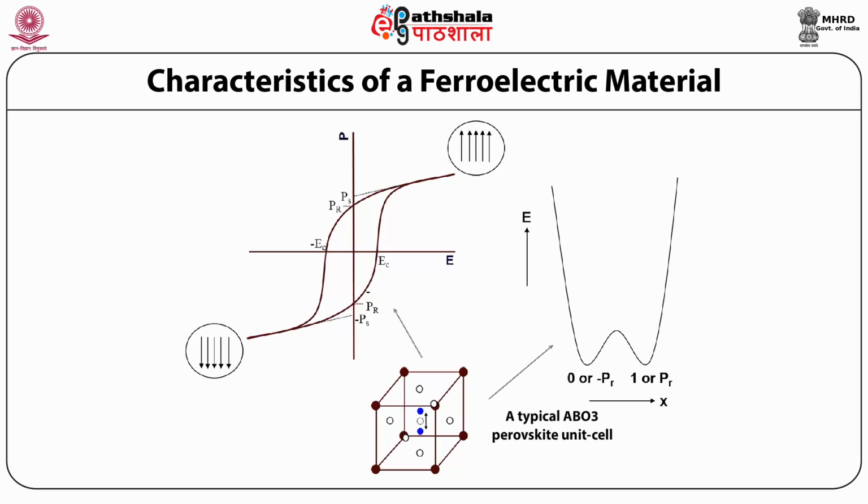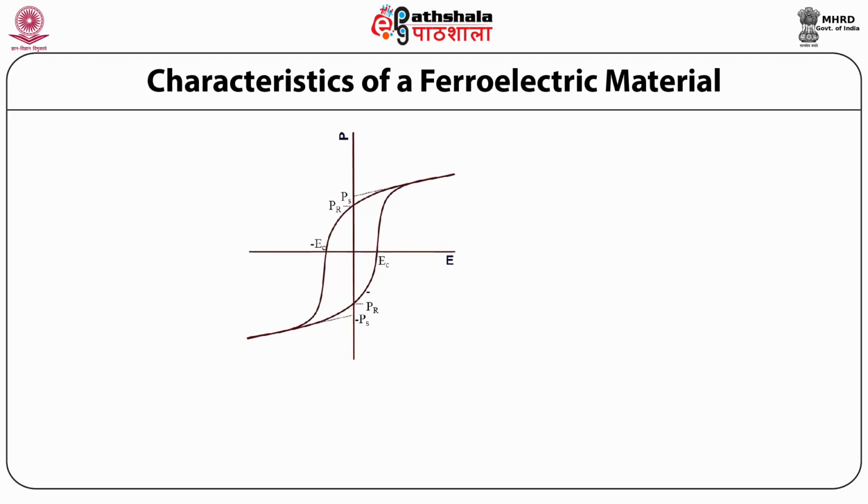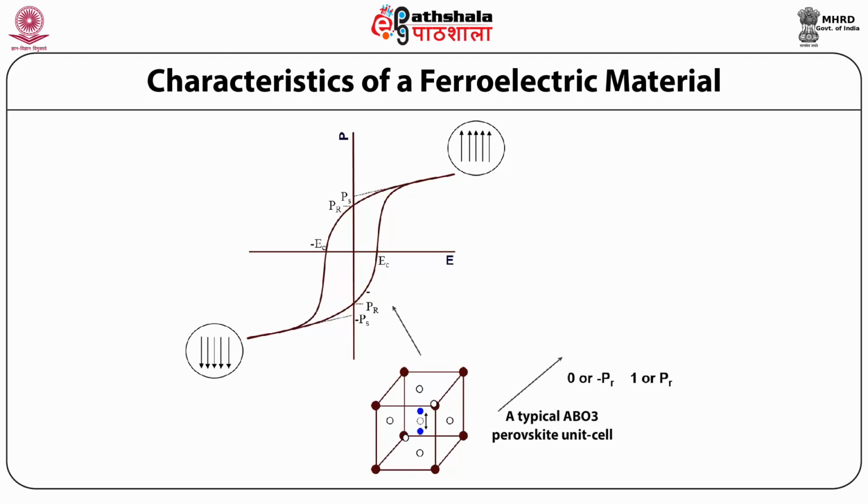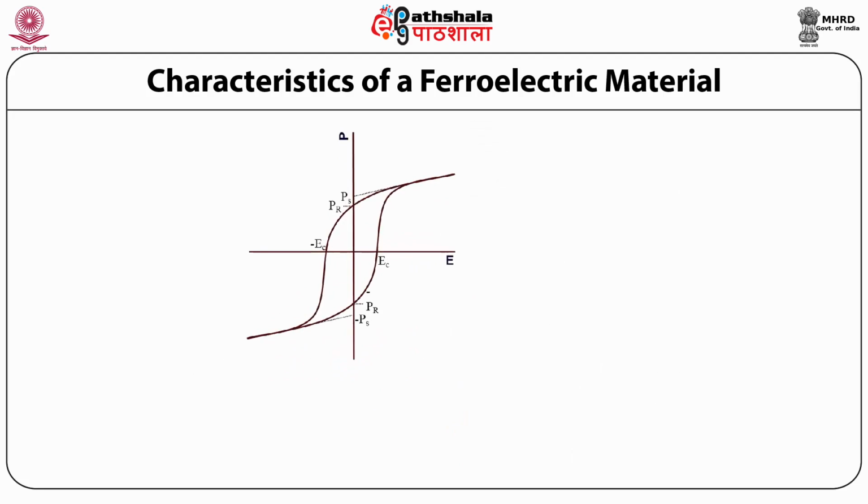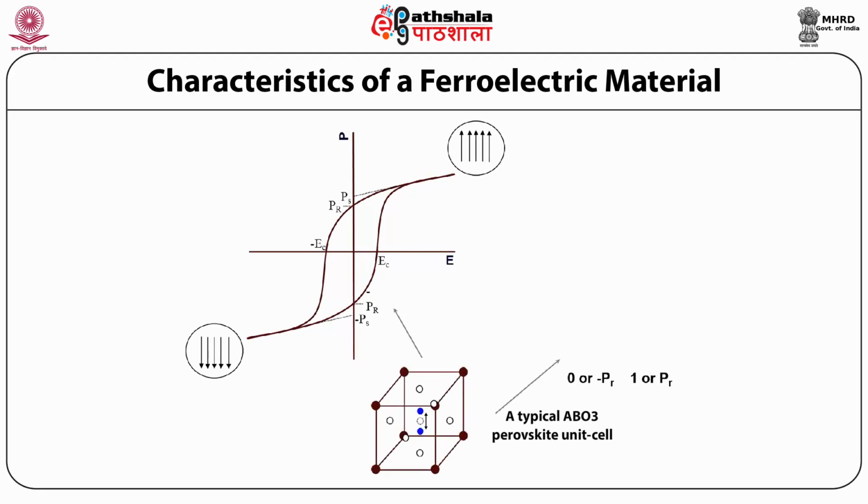The figure shows the ideal P-E hysteresis loop for a ferroelectric material, where the saturation polarization, that is, plus Ps, corresponds to the state when all the spins are aligned parallel to each other, and minus Ps corresponds to the anti-parallel spins.